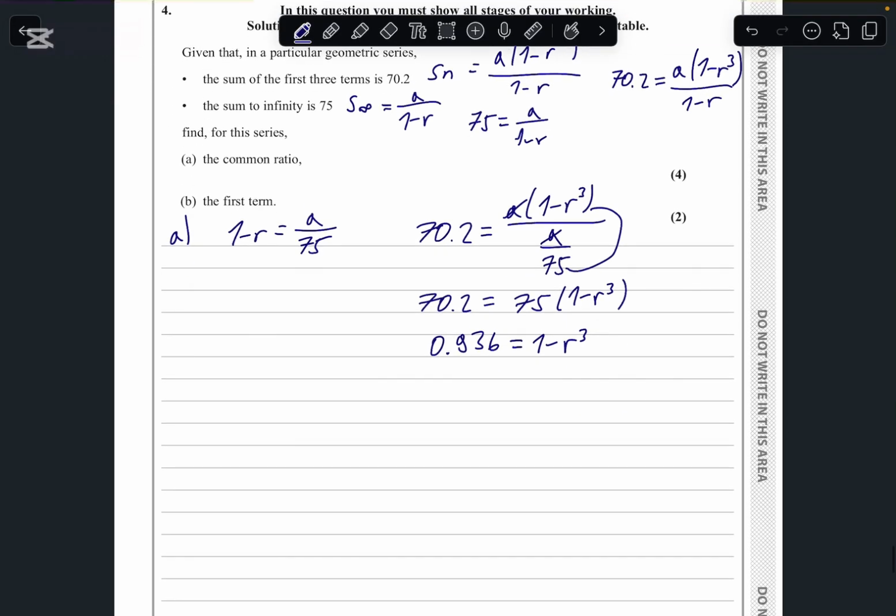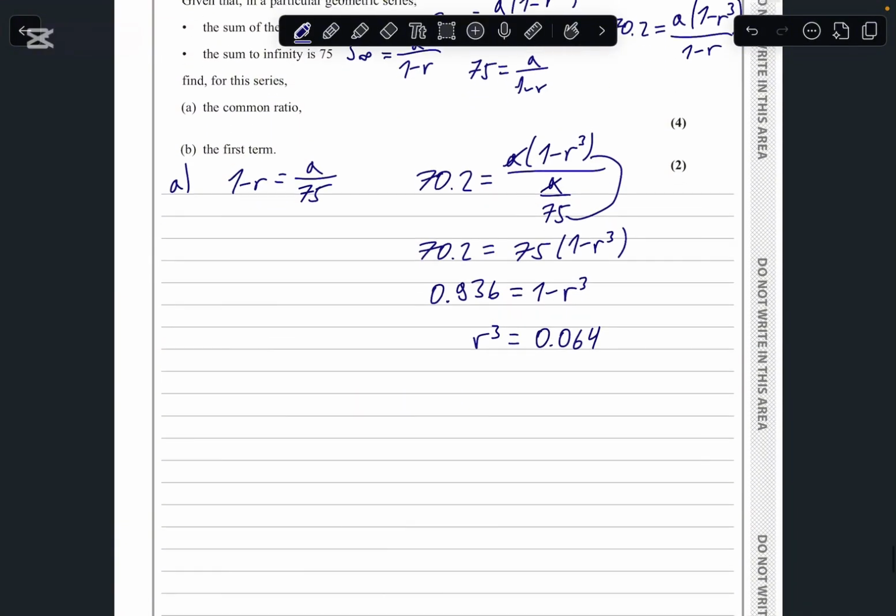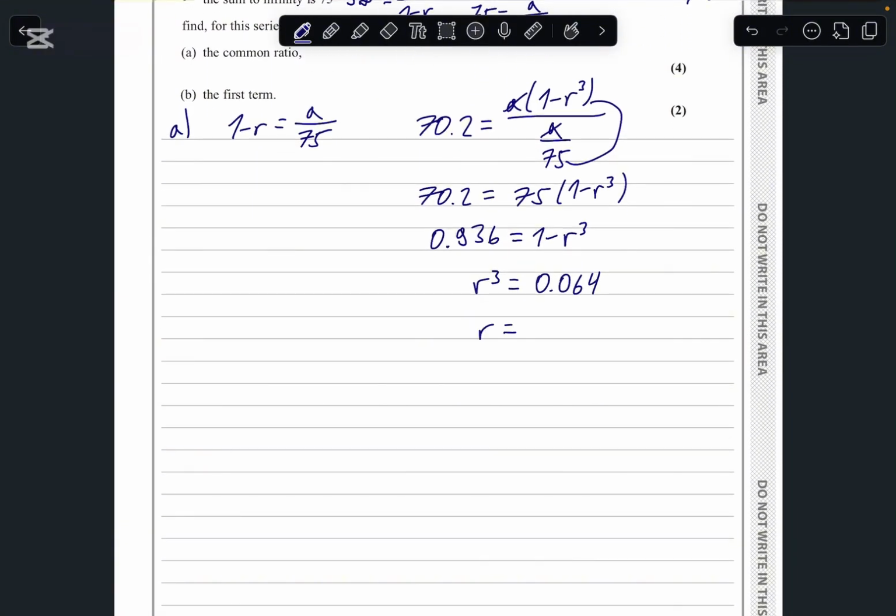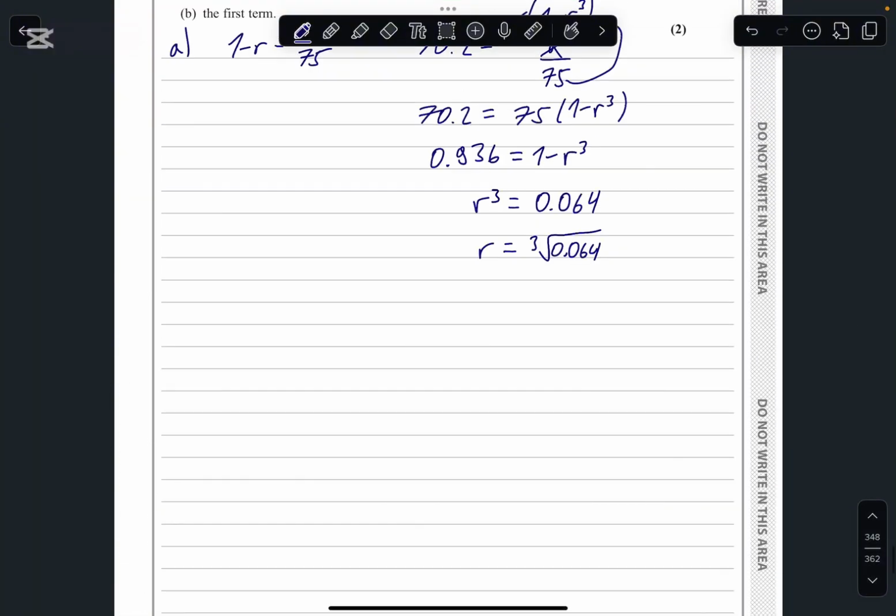If we make r cubed positive, we'll get r cubed is equal to 0.064. And r is just the cubic root of this. So if we just find the cubic root of that, we get that r is equal to 2/5.